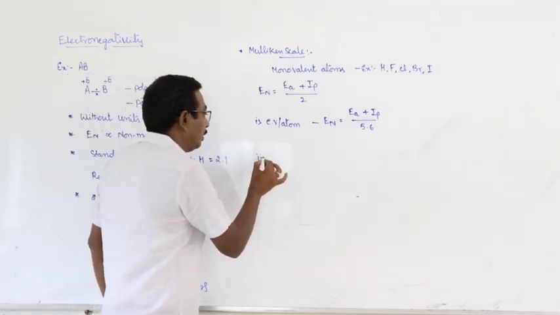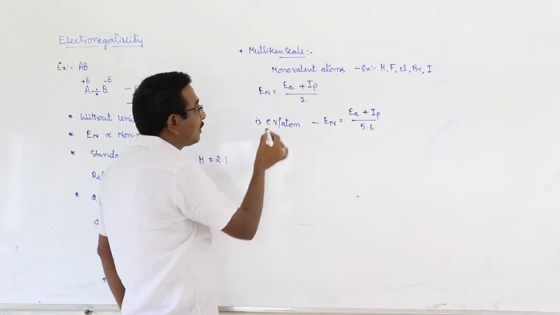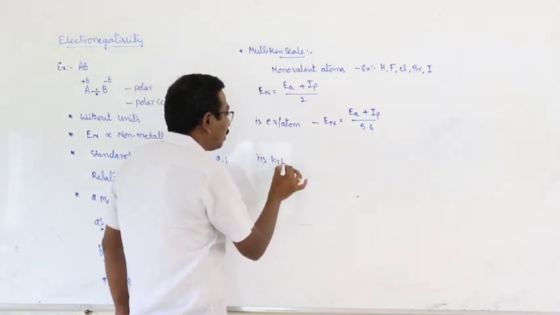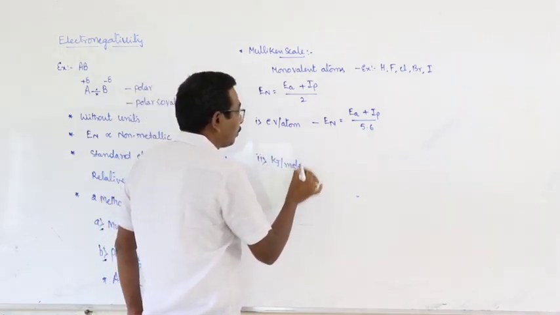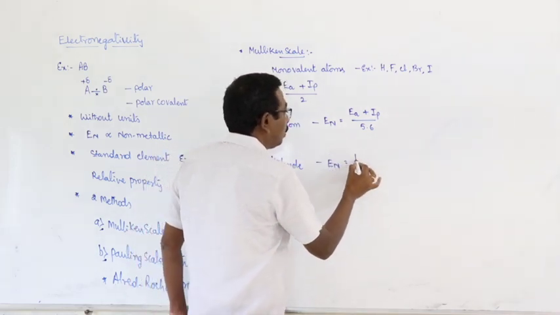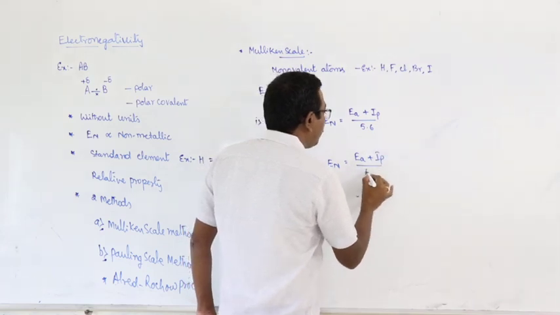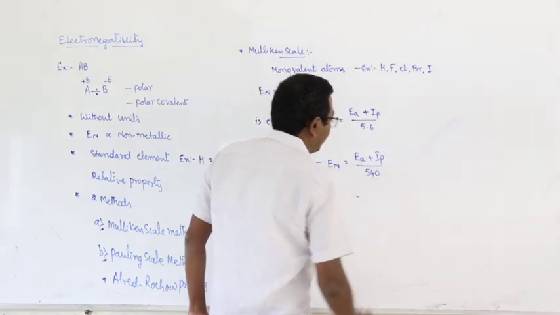Second, when they are given in kilojoule per mole, then electronegativity is equal to (electron affinity plus ionization potential) by 540.